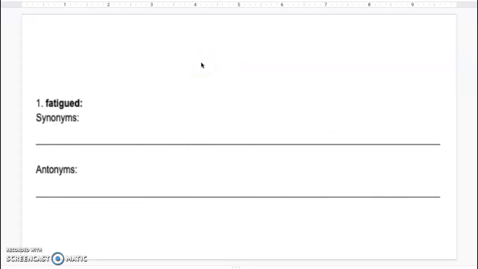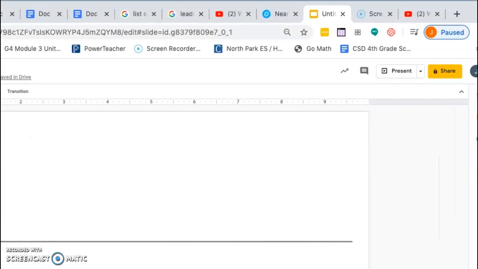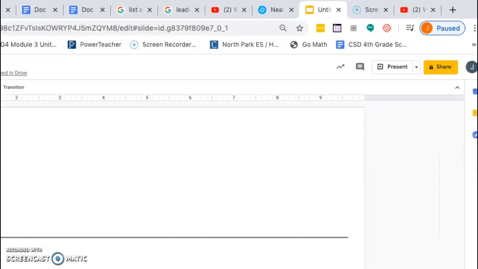We're going to do number 1, fatigued. Now, I'm going to show you how you can use a thesaurus. Up here, you're going to go ahead and create another tab.